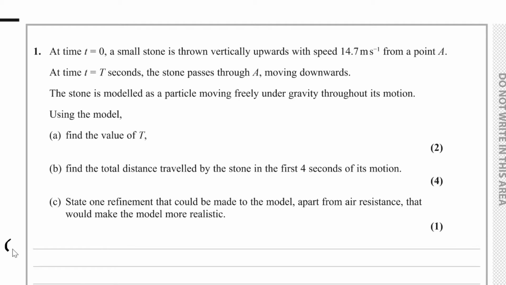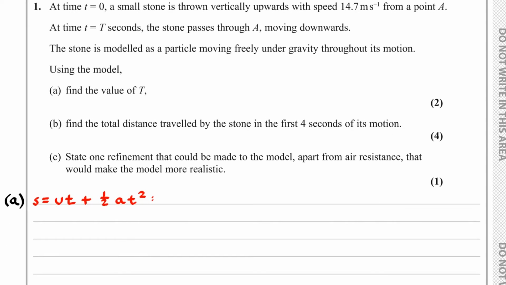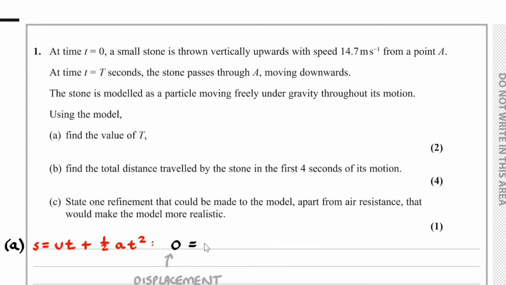And so, for part A, using S equals ut plus 1/2 at squared, S, the displacement, is 0, and the reason it's equal to 0 is because we are looking at the displacement from A to A, and this is equal to u, which we are told is 14.7.